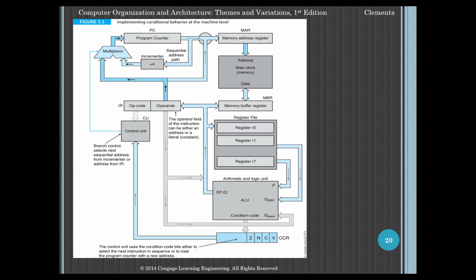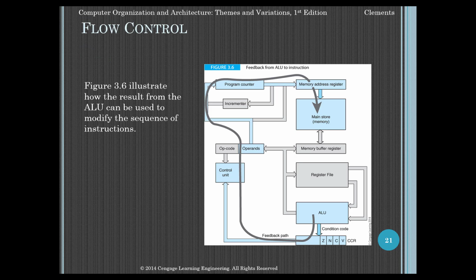So when we start with our program counter that fetches a conditional branch instruction from the address in memory, that branch instruction reads the contents of the condition code register, whose bits are determined by the result of a previous instruction. So when executed, the conditional branch instruction performs one of the following two actions.